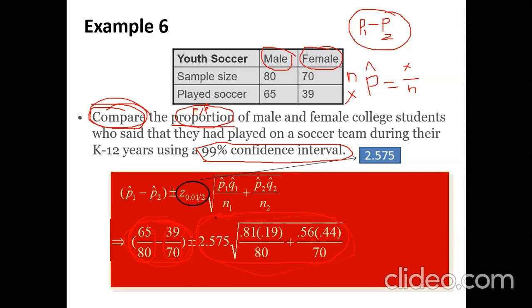Then you will get 65 divided by 80 minus 39 divided by 70, you will get 0.26 plus minus 0.19. So 0.26 plus 0.19, you will get 0.45, and 0.26 minus 0.19, you will get 0.07. So the interval estimator for the sample proportion of male and female is between 0.07 and 0.45.